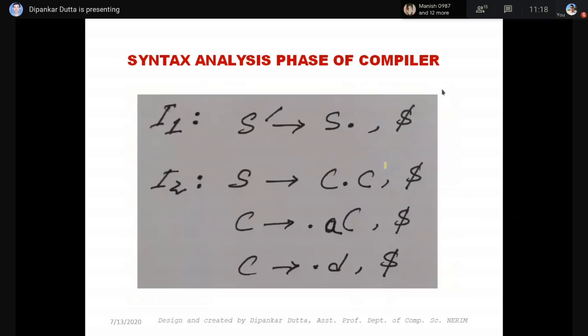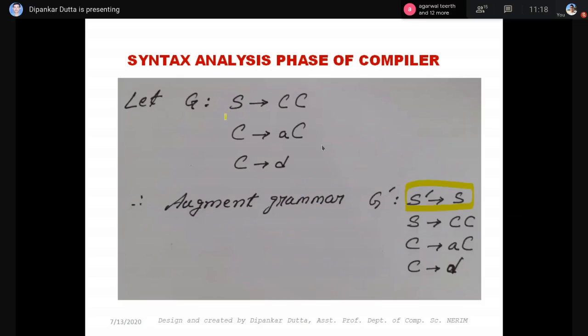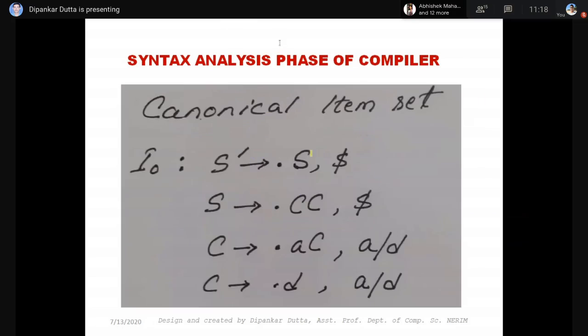So now compute the closure. Again, dot S: what is the beta here? Nothing. What will be the closure for S? This production, S implies dot CC, since in the grammar we have one production against capital S. What is the beta here?